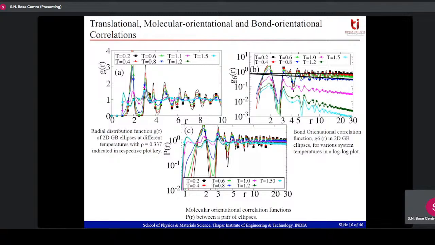In the theory, there is something called the elastic constant. You can measure the elastic constants of the system, and at the melting temperature, meaning the temperature at which the 2D solid melts into a hexatic phase, this elastic constant goes to 0. So if you calculate it as a function of temperature, that's what we are doing now.